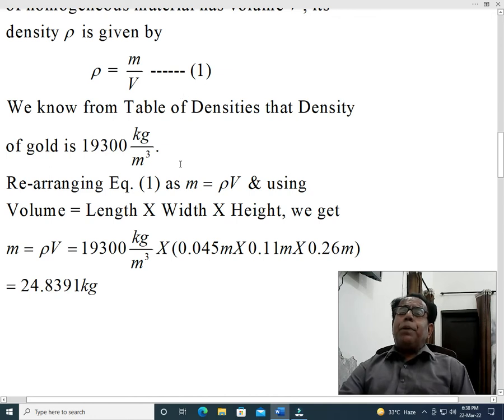Rearranging equation number 1 as m equal to rho into volume. When we keep mass m on one side, then volume V will be multiplied with rho. So m equal to rho V, and using volume equal to length into width into height.